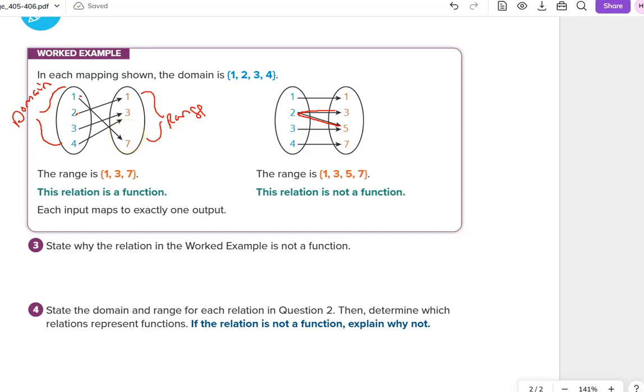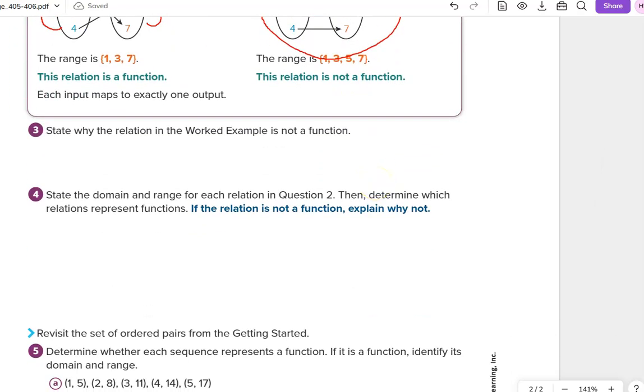Okay, so it says state why the relationship in the worked example is not a function. So why is this one here not a function? And then state the domain and range for each relation in question 2. Then determine which relations represent functions. They already told you which ones were functions.